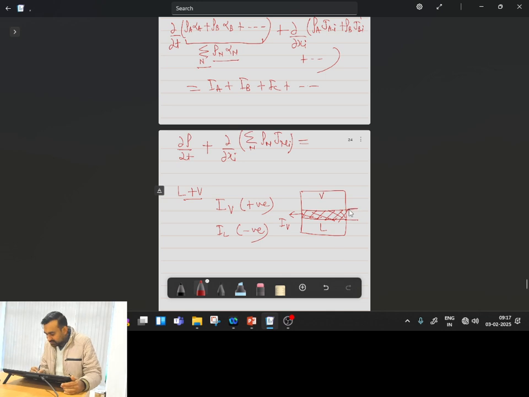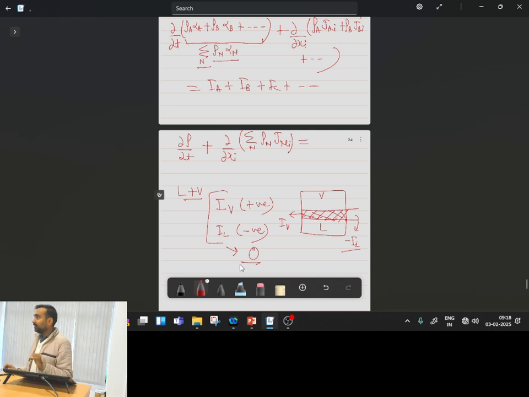This was the initial liquid mass and this is the final liquid. So liquid mass has decreased by the same amount. So this has become minus IL. When I add these two source terms to write the combined continuity equation, these two will give me a magnitude equal to zero.